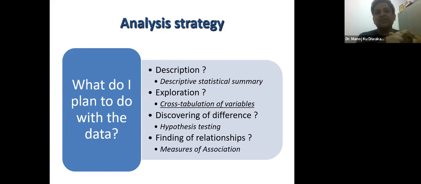Descriptive statistics means I need to see how the patients' blood pressure lies in my data. I need to look at the mean, median, standard deviation, and minimum and maximum values. I also need to understand how gender looks in my data: how many, and what percentage, are male, female, and transgender. So basically I need to see the descriptive statistics of the data.